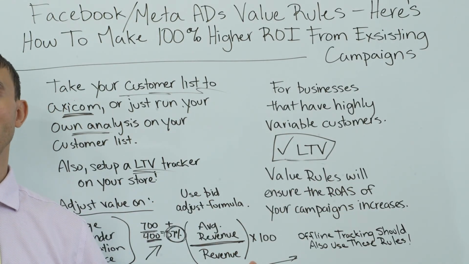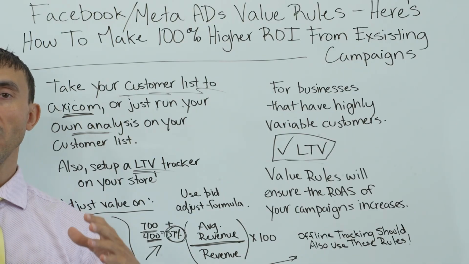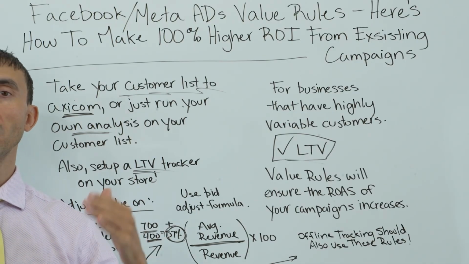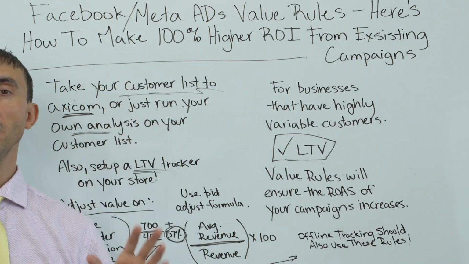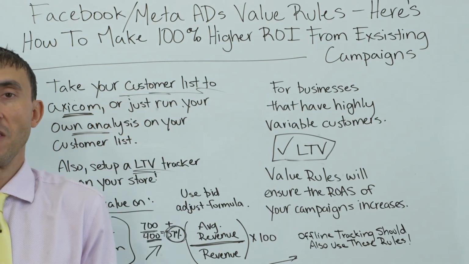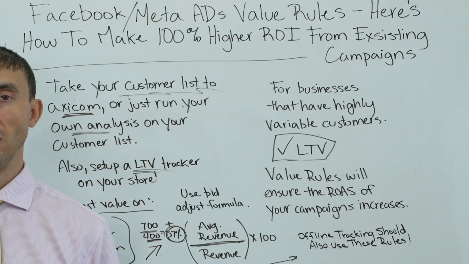In this case, people can book through their online system. In the spa space, you can book a reservation online. We're already seeing more revenue from those same customers and their subsequent visits, just because we implemented the simple value rules in our Facebook/Meta campaign.